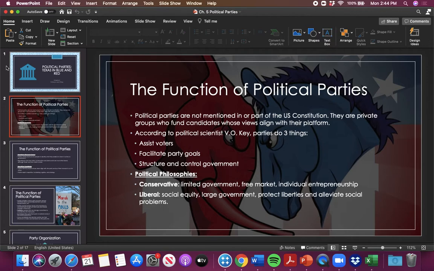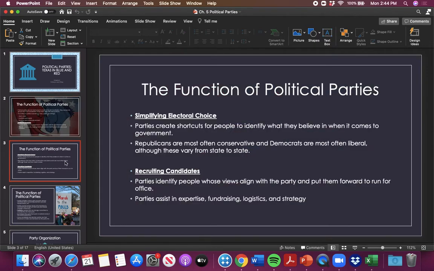That only a government can protect our liberties and our civil rights and alleviate social problems like poverty, inequality, those types of things. So that's kind of the two main ideologies that our parties align with. But of course, we have everything from the moderates in the middle to the extremes on either side.